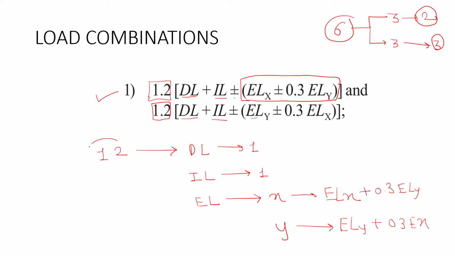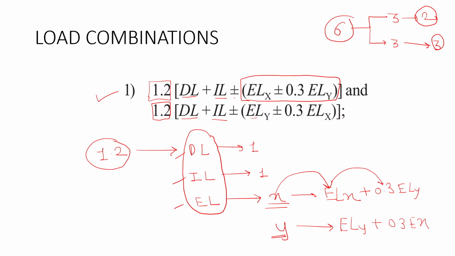Remember, whenever there is 1.2, there will be 3 load cases: dead load, imposed load, and earthquake. And earthquake always comes either in x direction or y direction. If x direction is dominant, then consider it as full and the other direction as 0.3. Similarly for y, earthquake load in y direction is full and earthquake load in the other direction will be 30% or 0.3.